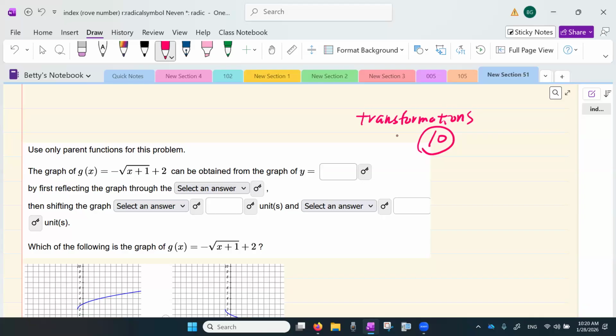Shift a function up, down, right, left, flip over the x-axis, flip over the y-axis, vertically stretch, vertically compress, horizontal stretch, horizontal compress.